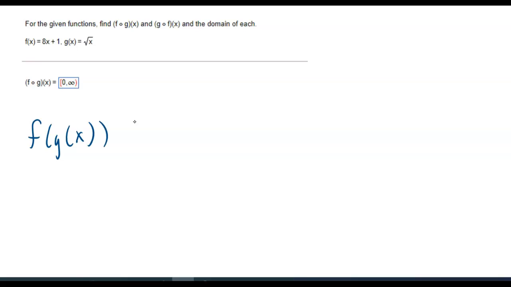That's our first thing we want to do, okay? And so this means we are going to plug g into the function f of x.